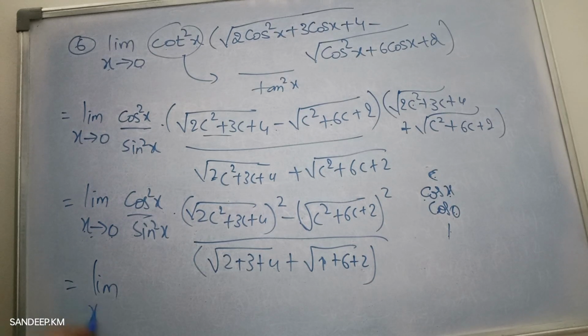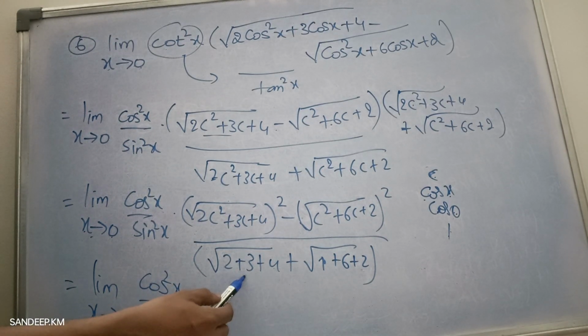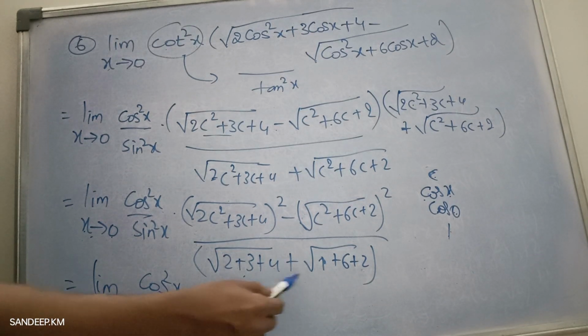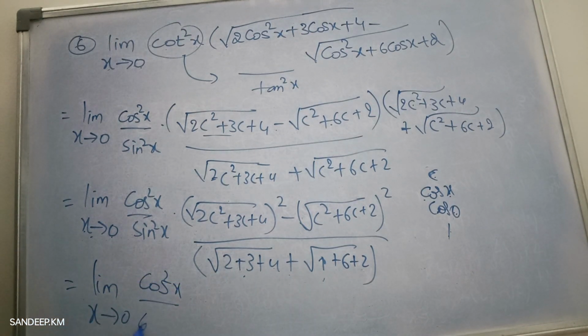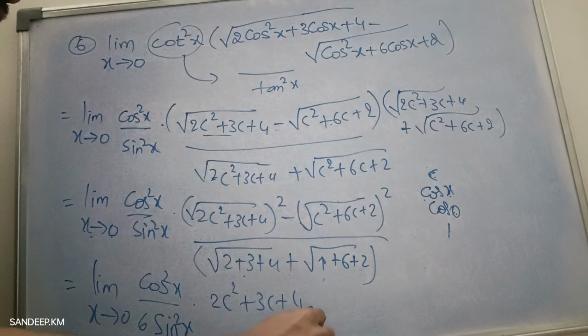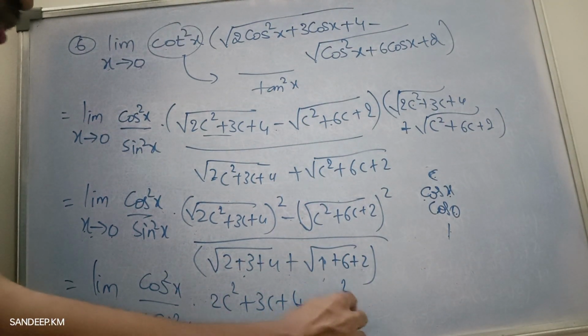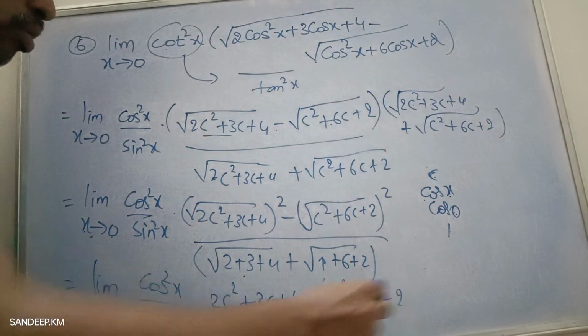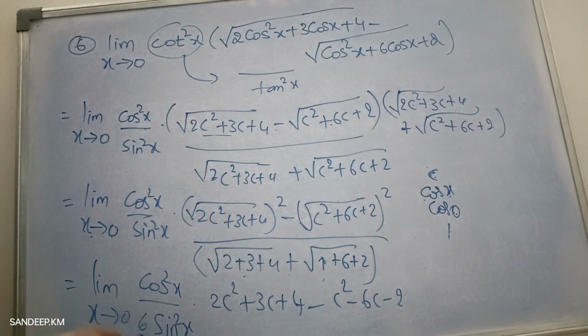Limit x approaches 0, cos square x by, this is root 9, 3 plus 3 plus 3, 6, into sin square x into square and root cancels, you will get 2c square plus 3c plus 4, and minus is there now. Remember, square root and square cancels, minus is given for all three terms, minus c square minus 6c minus 2, no denominator because that 6 came here, right?